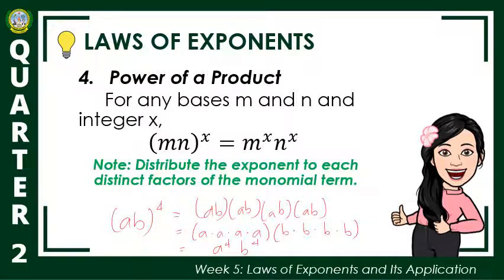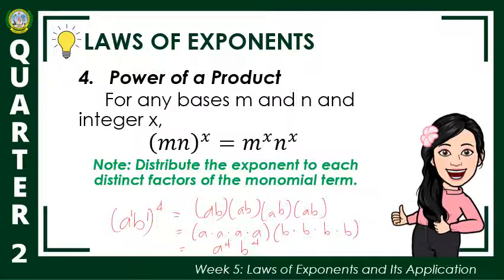As you can see, dun sa ating given, dinistribute lang natin yung 4 sa A at B. Take note, ang exponent ng A ay 1. Ang exponent ng B ay 1. So, 4 times 1 is 4, and then 4 times 1 again is 4. Parang in-apply lang din natin yung power of a power. Yun nga lang, meron po tayong 2 or more factors dun sa loob ng parentheses.